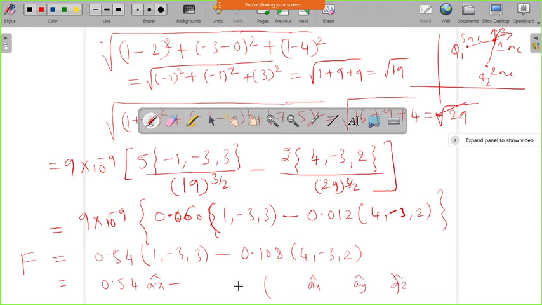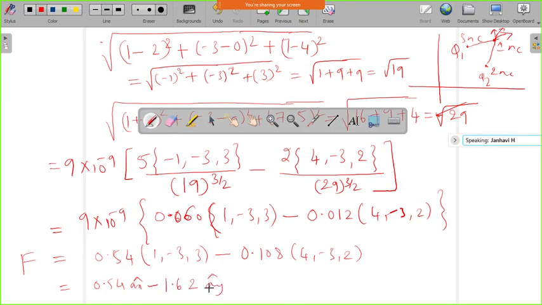Here also it is AX, AY, AZ. Give the result of this. So 0.54, you multiply this, what will you get? 0.54 AX cap, minus 3 into 0.54, it is 1.62 AY.